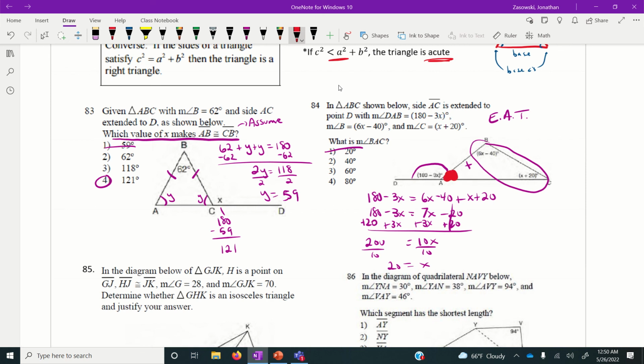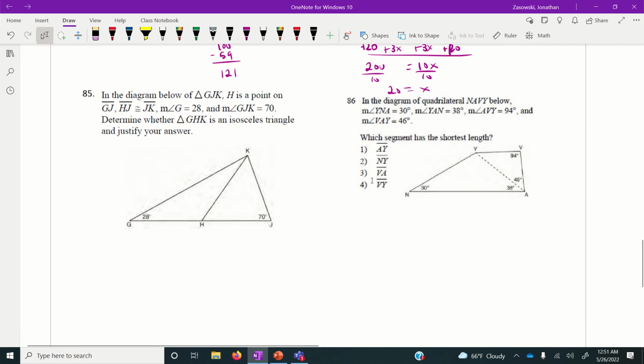BAC is this angle right there. In order to get that, you have a couple options. We can figure out the measure of this angle, 180 minus 3 times 20. So 180 minus 60 tells me that this angle is going to be 120 degrees. That means the angle we're looking for has to be 60. And that is choice 3. So always reread the question before you circle your answer.